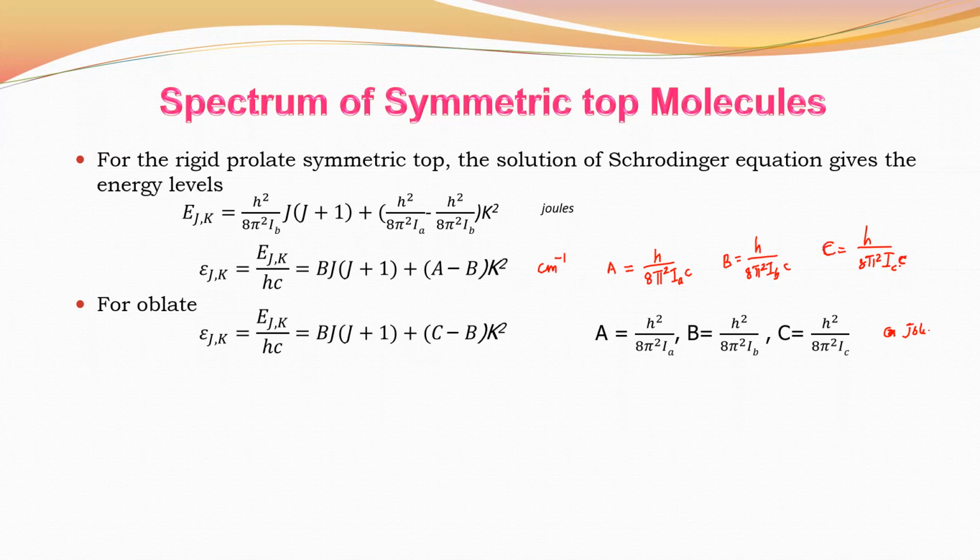Here c is the speed of light, and these are constants similar to the rotational constant.